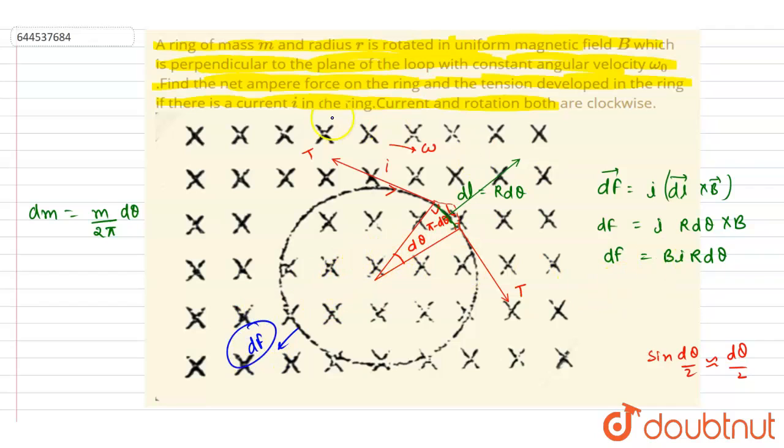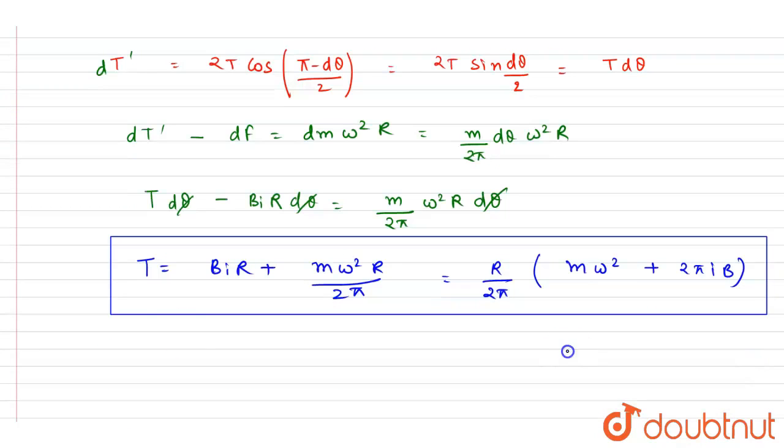So the net Ampere force here will be 0, and the tension we already calculated. So the net Ampere force is 0 from the symmetry.